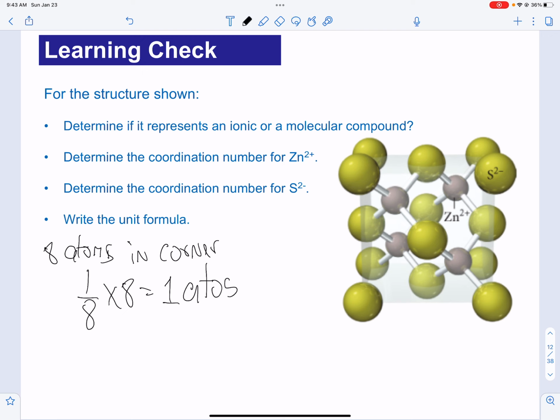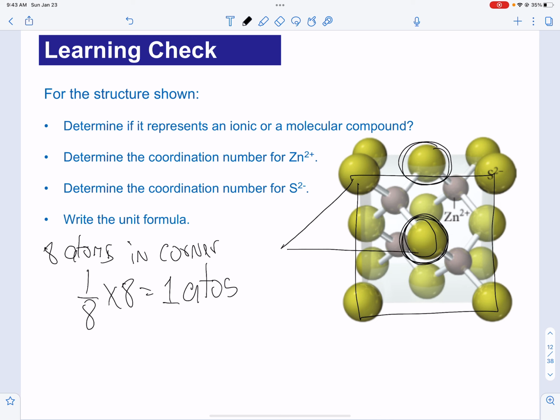So what about not the ones in the corners? What about the ones on the, so this is going to be a face, right? So the one on the center of the face is also being shared by the one unit cell coming to the front. So half of it is on the unit cell that we want. The other half is on this unit cell that I just drew coming toward us.